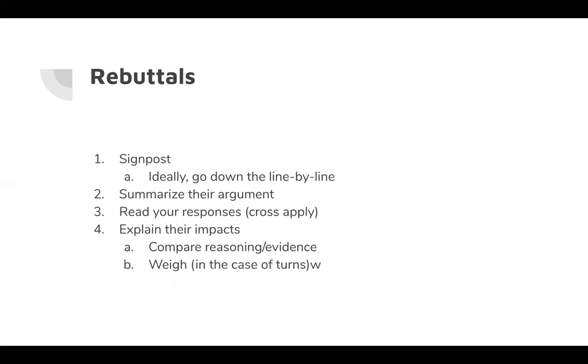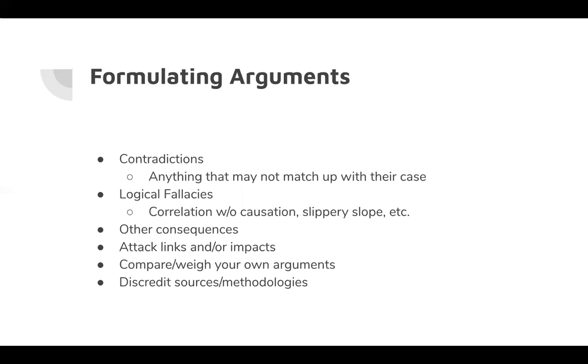Explain your opponent's impacts. This is just helping with clarity of weighing. So you can compare the author's reasoning and the reasoning within the card and the actual evidence itself. And then you can also just weigh, but I'll get onto weighing later. Formulating arguments. Contradictions.